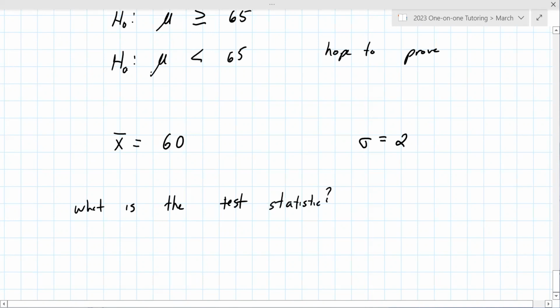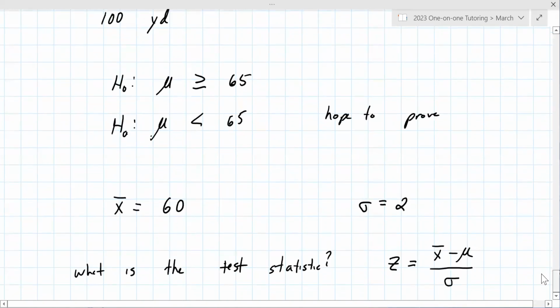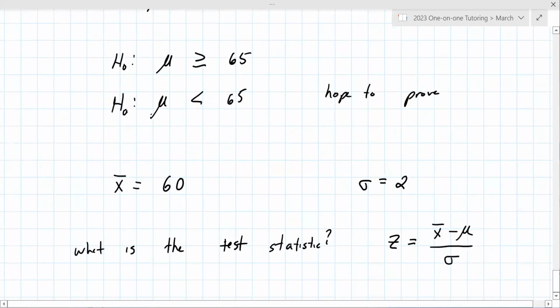Okay, so the test statistic here is Z. Do you remember there's a formula for Z? I don't. Oh, is it X bar minus null hypothesis over standard deviation? Yes, better written as X bar minus mu over sigma. Can you calculate that for the given value that we have?